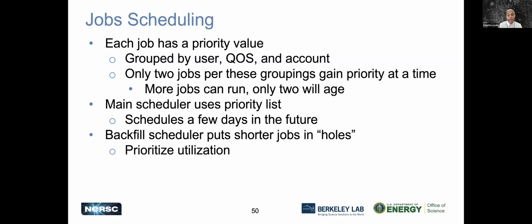So this allows for more jobs to run, and only 2 within that you've submitted will age. Our main Slurm scheduler uses a priority list, and so it schedules a few days in the future. And we also have our backfill scheduler that puts shorter jobs in holes, and that helps to make sure that Perlmutter is being utilized properly and efficiently.